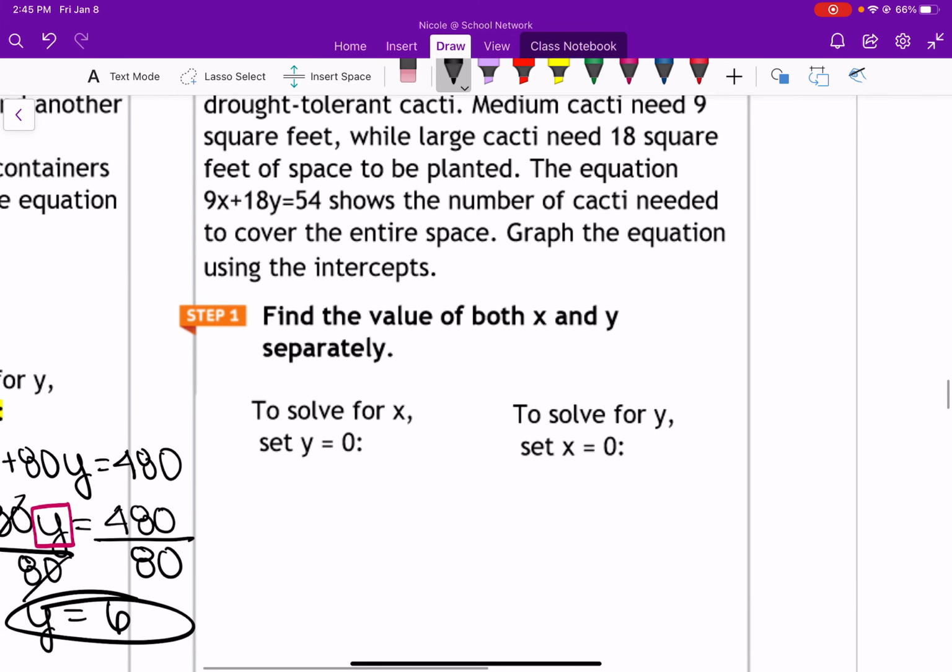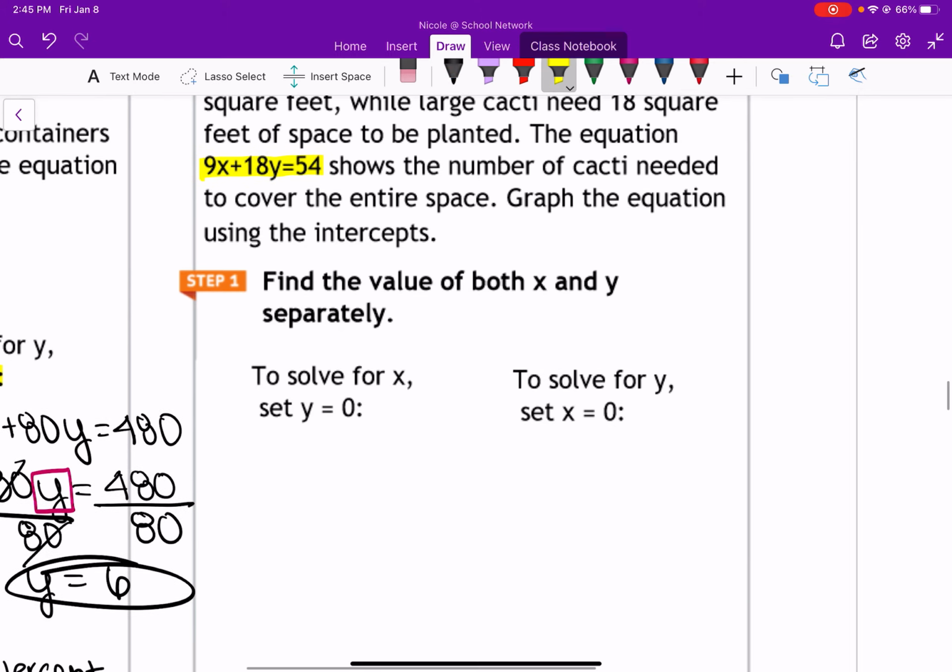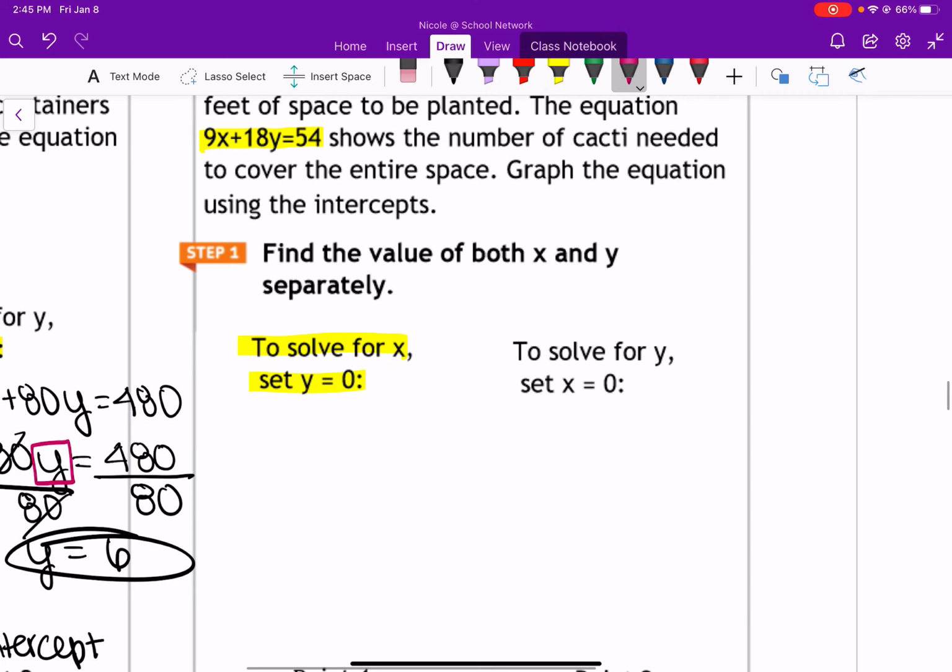Let's see here. We have this equation, 9x plus 18y is equal to 54. So here we solve for x, setting y to 0.